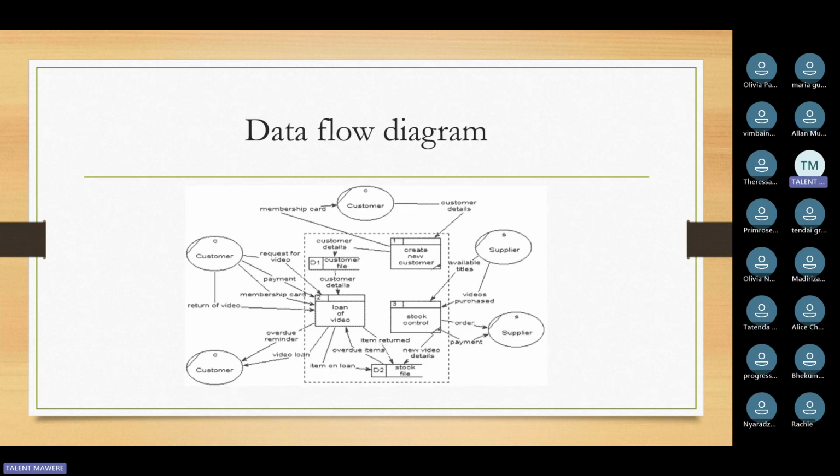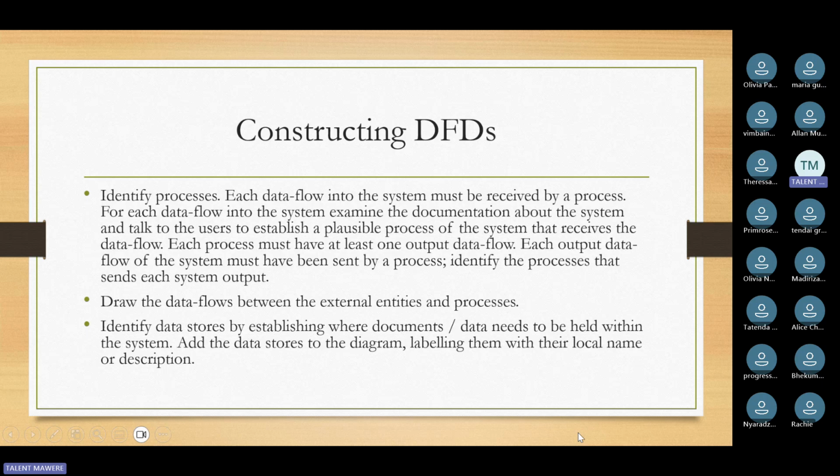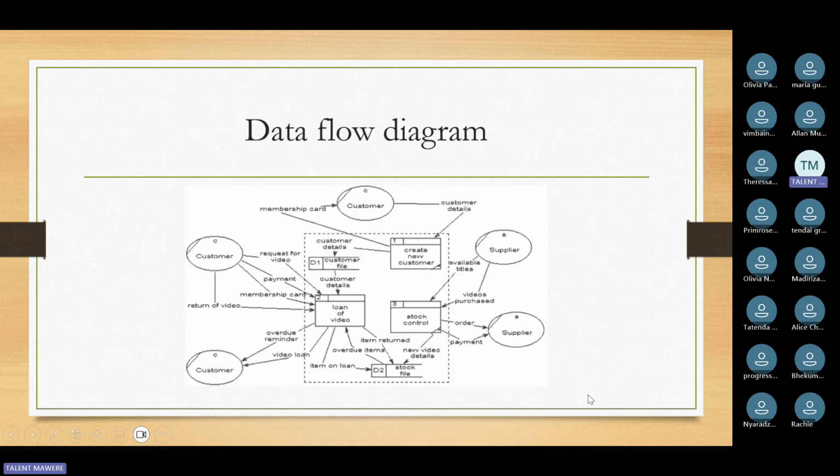The same applies to supplier. We can have a new supplier to register. Of course, I didn't model it here. We have another process within our system for stock control.